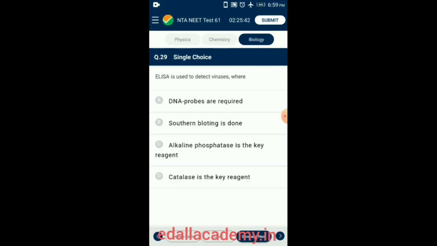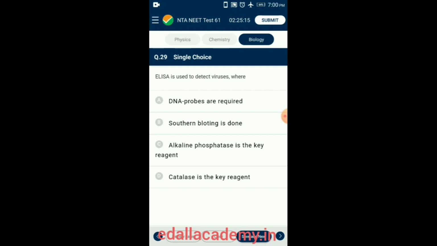Question number 29. ELISA is used to detect viruses where? ELISA test is a technique used to detect and quantitate extremely small amount of a protein, antibody or antigen with the help of enzyme.